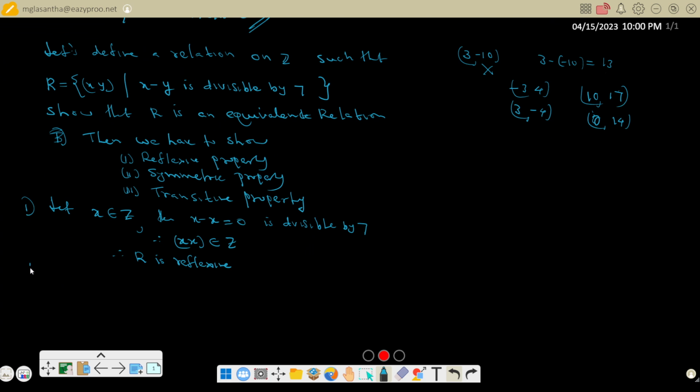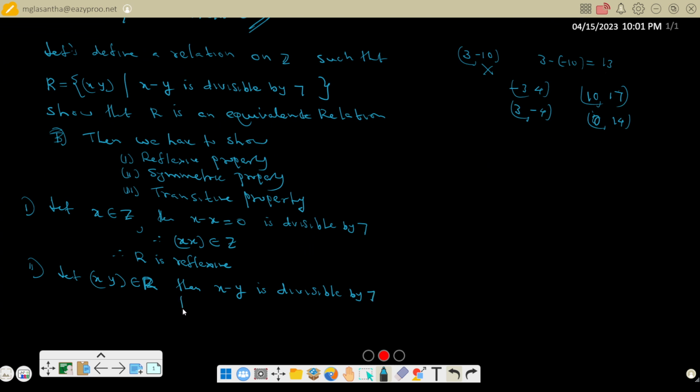Then the second one, how do you show it? Let (x, y) belong to R. If (x, y) belongs to R, then x minus y is divisible by 7.